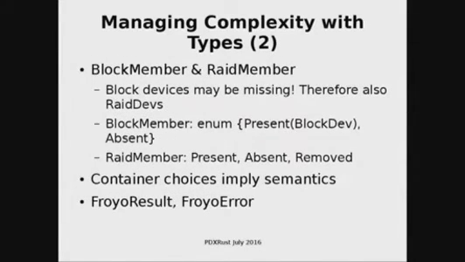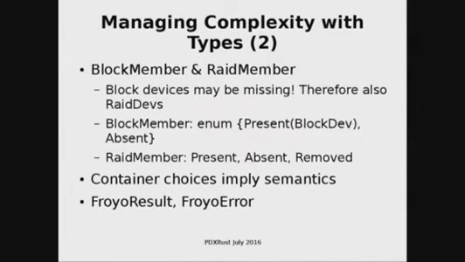Another thing we did with Rust types: when you look at the RAID devs referencing the linear devs, which reference the block devs, it's not necessarily true that the block devs are always going to be there. If you have three disks in your Froyo dev and one of them is missing, you can't just pretend that you're a 2-disk RAID device.